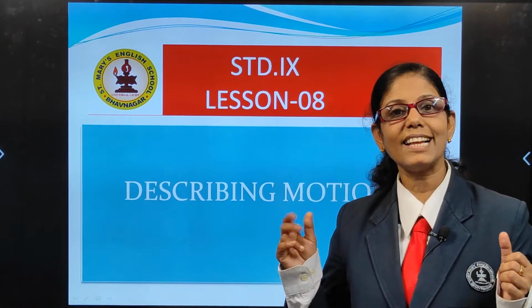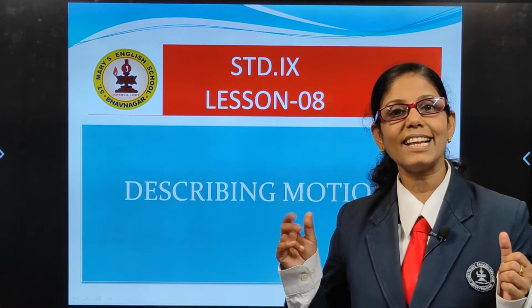Is it clear? Yes. Now, coming to displacement, what type of physical quantity is it? Is it a scalar quantity or a vector quantity? It is a vector quantity. Why? It has both magnitude as well as direction. Now, in which unit are we measuring displacement?